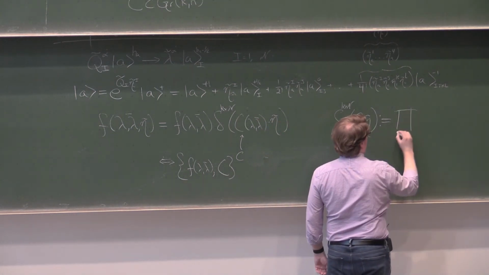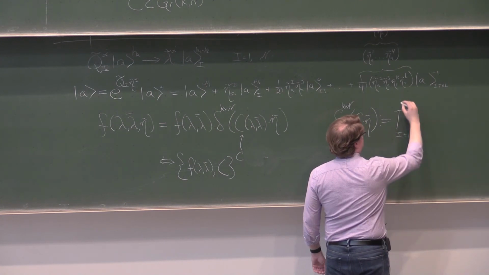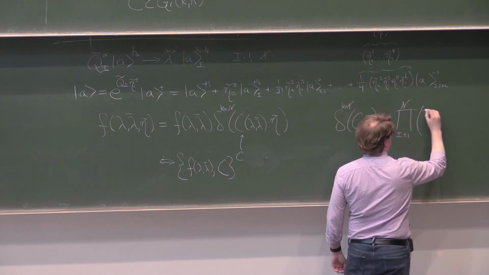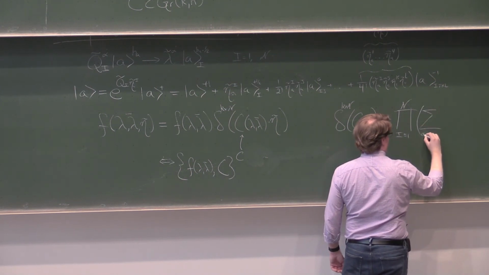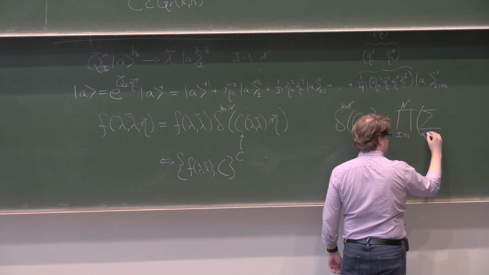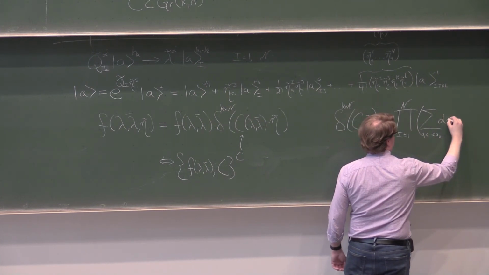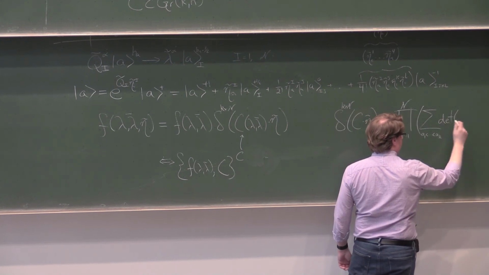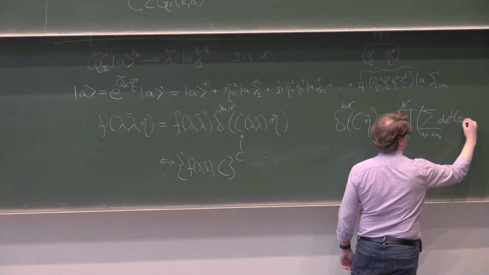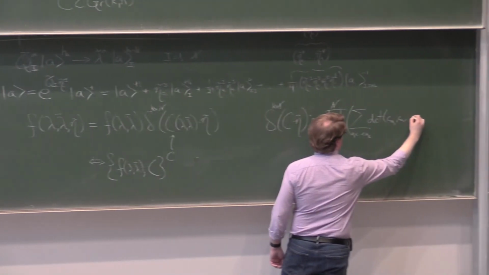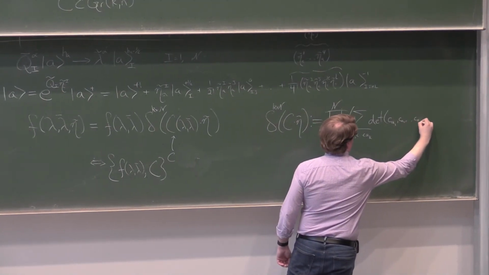It's the product from I equals 1 to cal n, so 1 to 4, of the sum over all ordered k-tuple lists, A1 up to AK, of the determinant of the minor of this matrix built out of the columns C A1, C A2, dot, dot, dot, C AK.